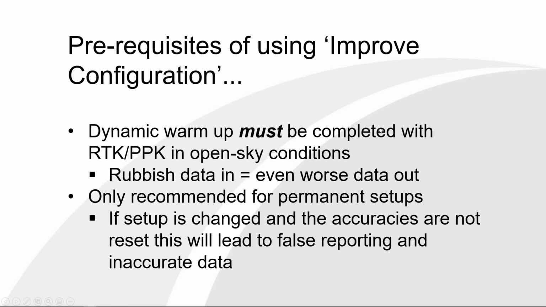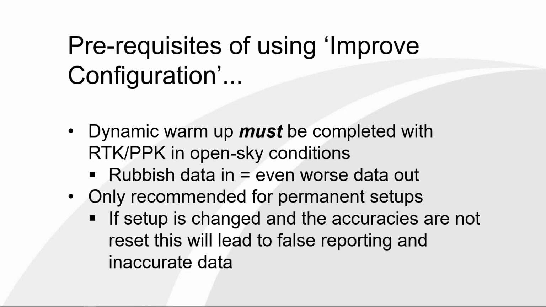So if you have rubbish data going in, you're going to get even worse data coming out. And again, we only recommend this for more permanent setups, because there's always a chance that if you remove your INS from either your car or your drone and then put it back on, you're not going to put it back in the same place or the same orientation exactly.